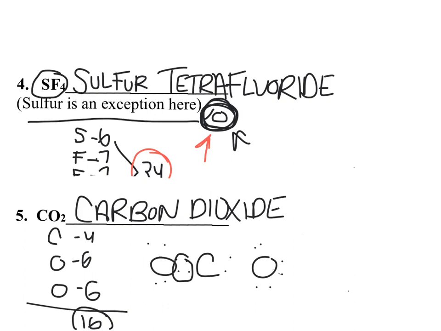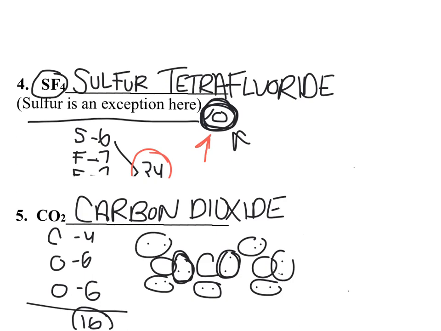It has 4 here and 2 here, so it only needs 2 more to get 8. Now when I count up all those electrons, I have 4 right here, 6 right here, 8, 10, 12, 14, 16, 18. So good news, I went from 20 to 18, but unfortunately I'm still not hitting that 16 number.